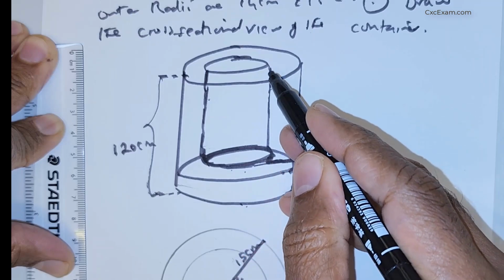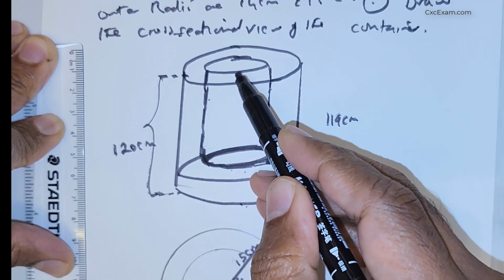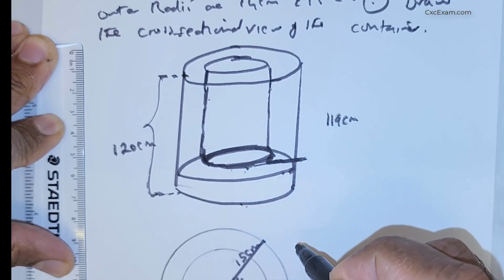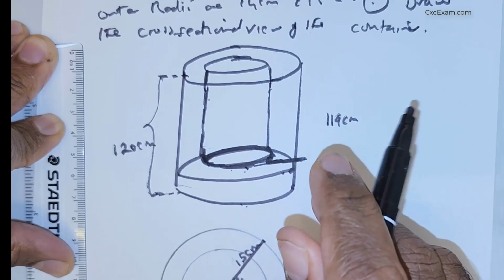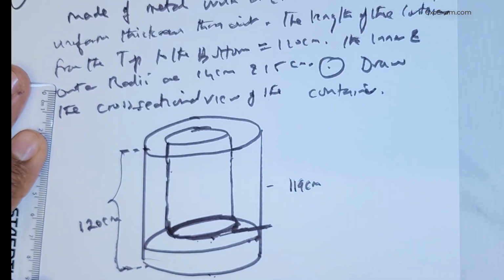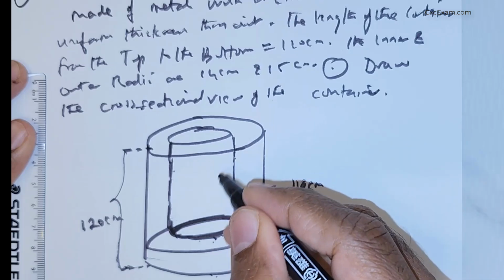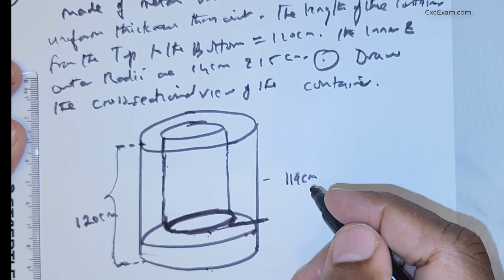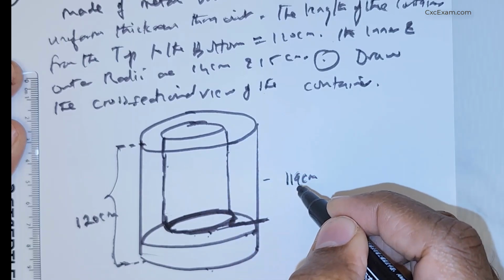The inner container's height is not 120 cm, it is actually 119 cm, because it starts from the top and ends right over here, which is 1 cm from the bottom. This is given in the figure. Of course, I have done a rough sketch, but the question paper's figure is more perfect. It would help you understand the shape of the inner cylinder. From the picture's depiction, we can clearly see that the height of the inner cylinder is 119 cm.